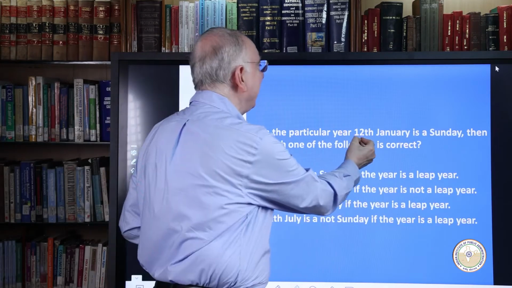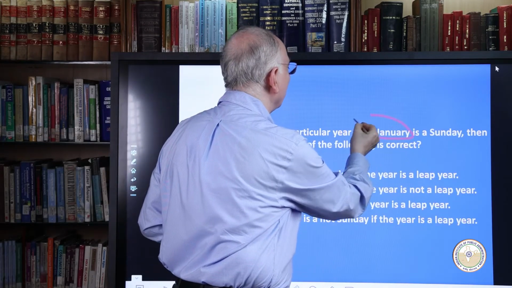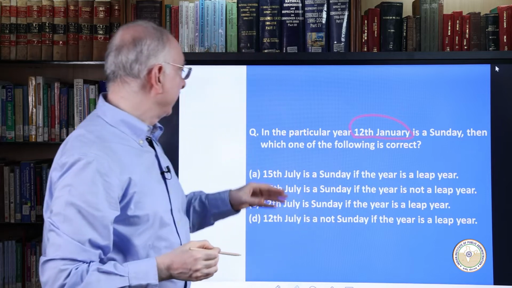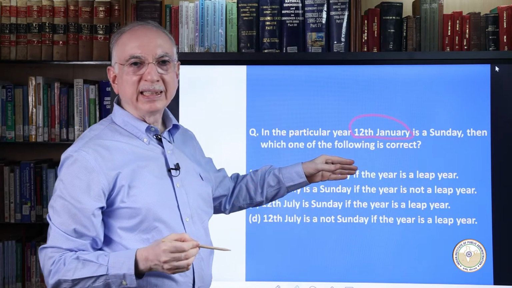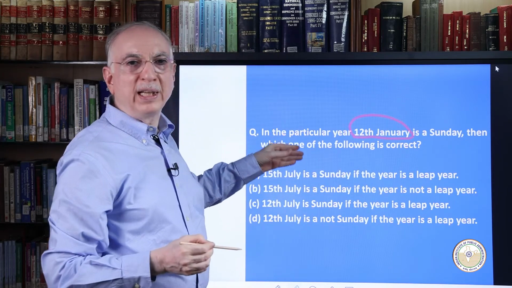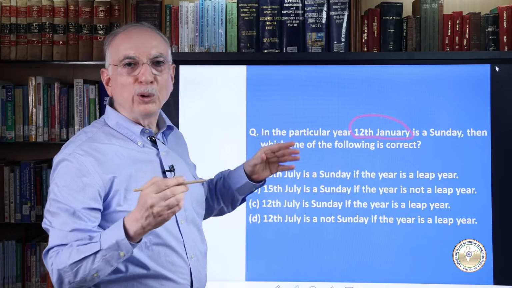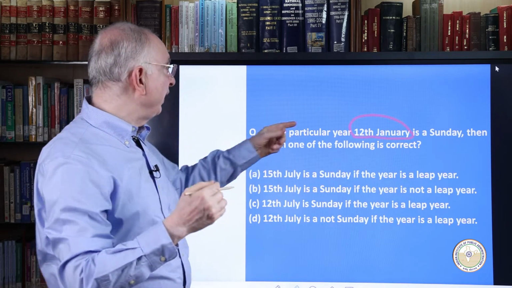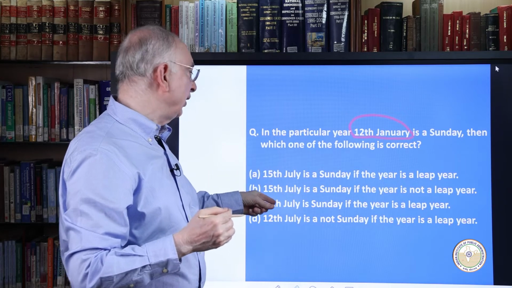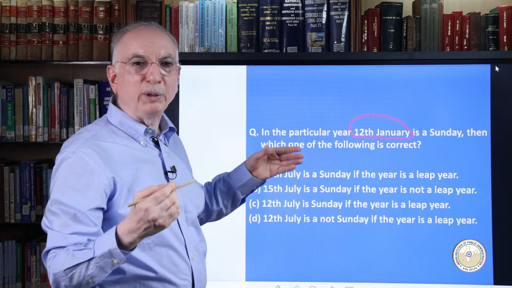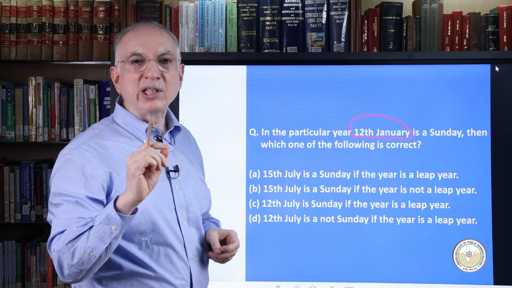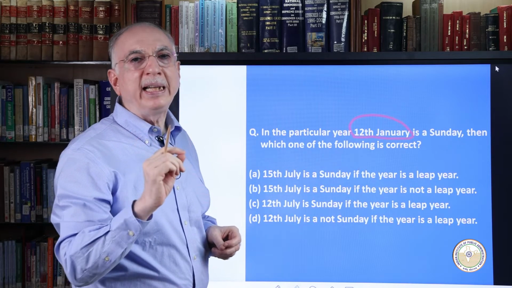Next question. Here we have to work out from 12th January to July. To find out which option is the right answer, we have to see how many days are between 12th January and these days. Say we start with 15th July, and we have to make an assumption that it is not a leap year.